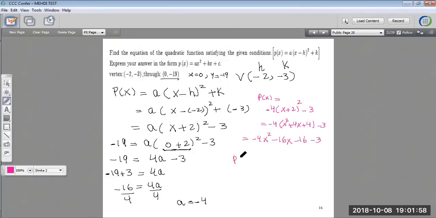So my P of x in the standard form would be equal to minus 4x squared minus 16x minus 19. That is my P of x in the form that they want us to write: ax squared plus bx plus c.